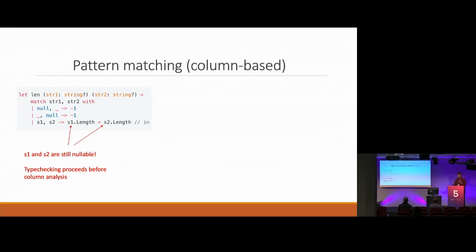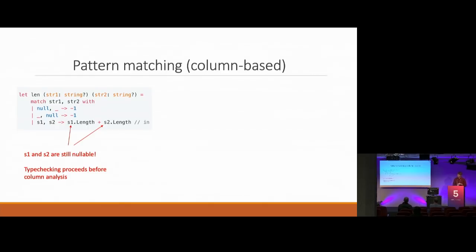That's because the analysis of the columns themselves is done after we have performed the type algebra, before we've finished type checking. We finish type checking and then we do column analysis. And so mixing those two things together, we can't really guarantee at this point that S1 and S2 are non-nullable, so we have to assume that they are nullable.